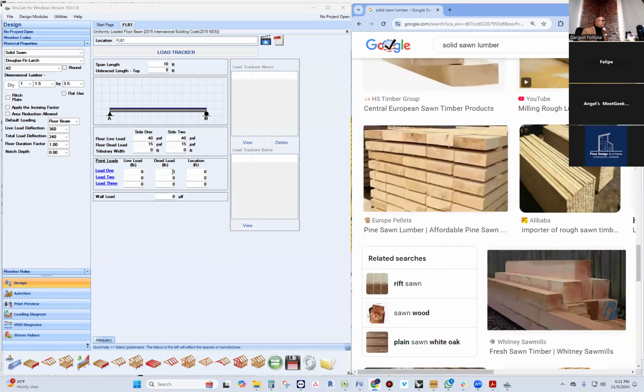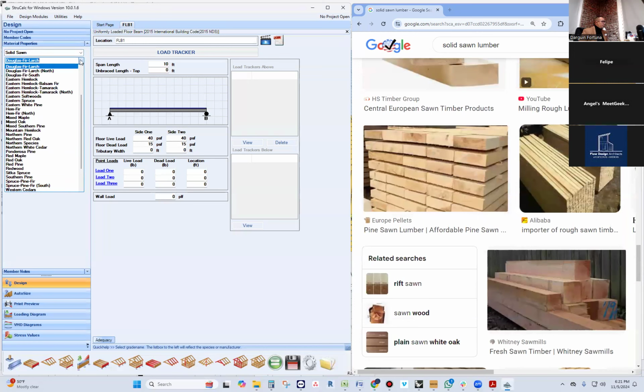Solid sawn members come in different sizes, and we'll talk about that in a second. But they are literally made out of wood. So there are different types of wood. Depending on the location or the area where you're at, you will use one of these right here.